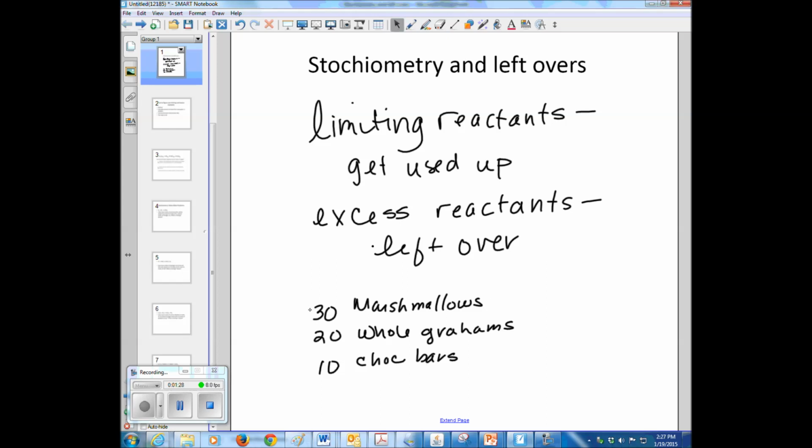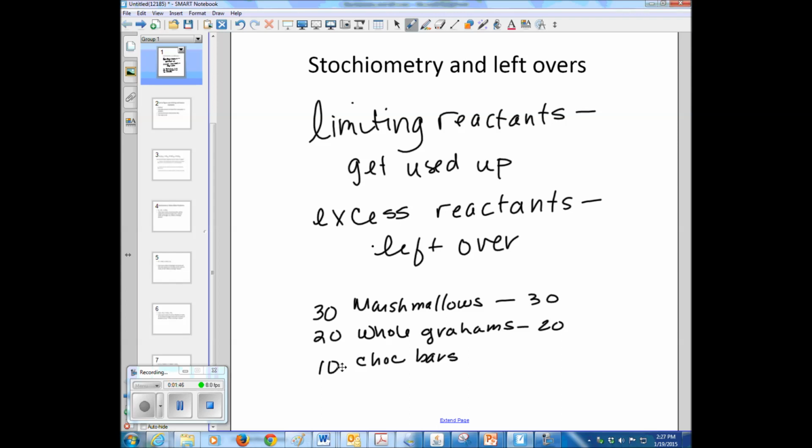So, how many s'mores can you make with the marshmallows? If you put one marshmallow on each s'more, you can make 30. 20 whole grahams, if you break them in half, but still one whole one or two halves gives you the number you can make, you can only make 20.